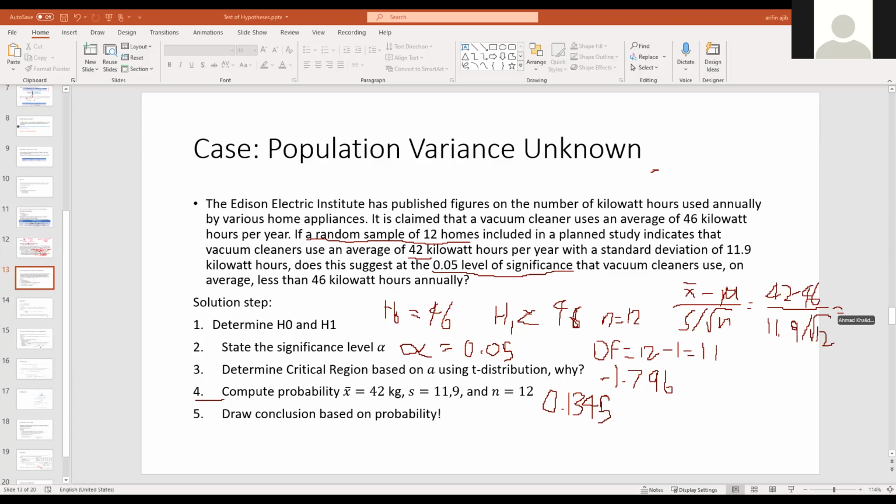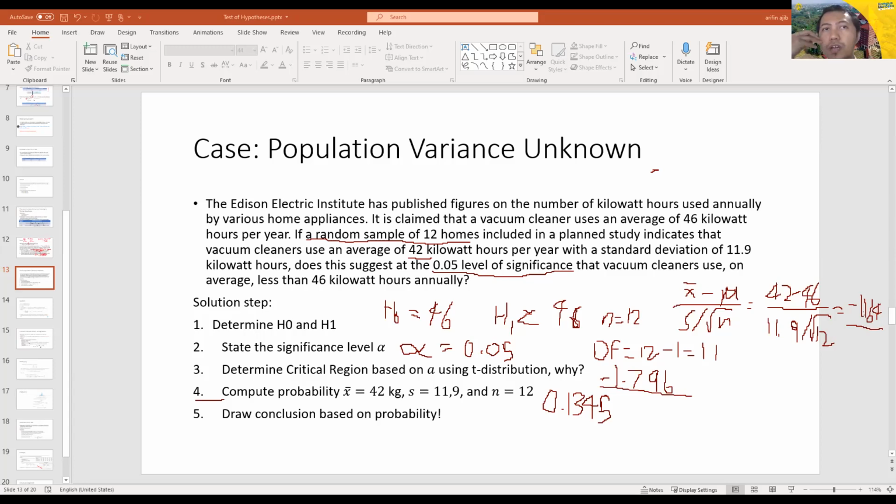You get minus 1.164. This value is used to get the p-value also. I forgot to mention it. And since minus 1.16 is more than minus 1.796, then it's failed to reject the null hypothesis, or H0.